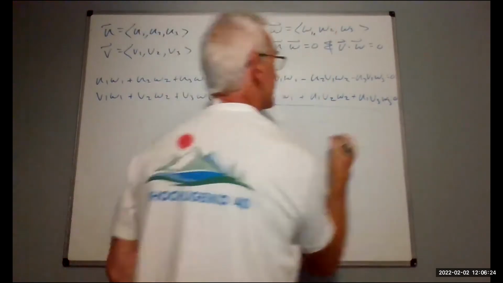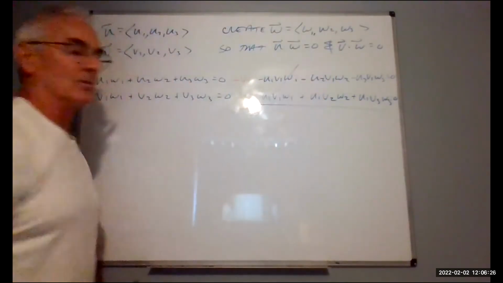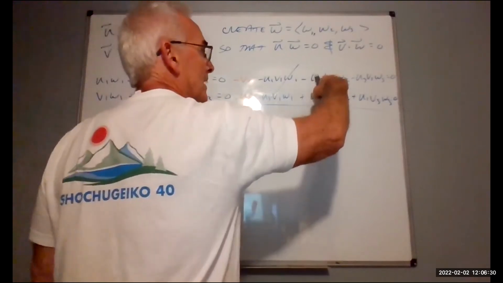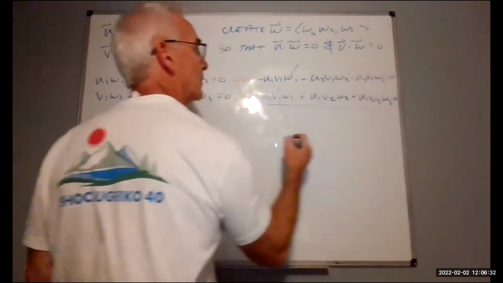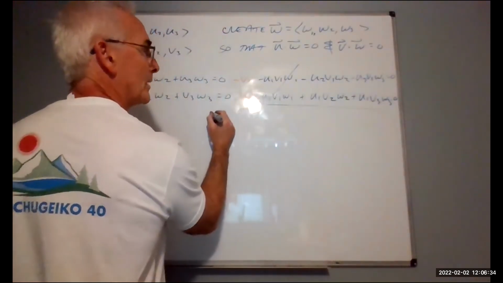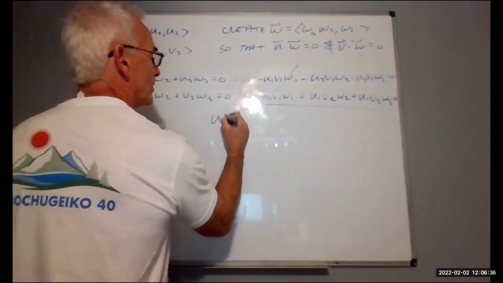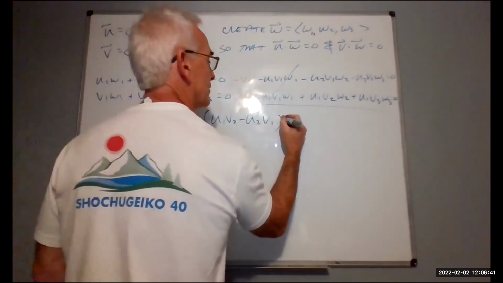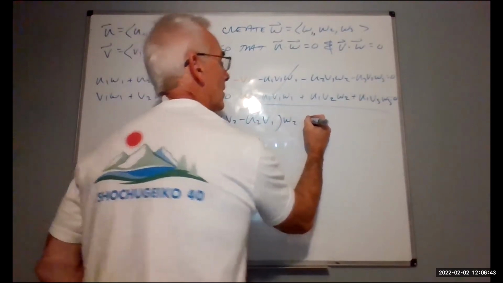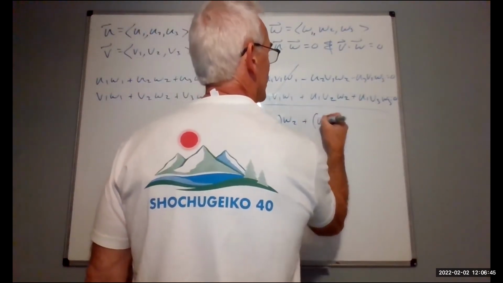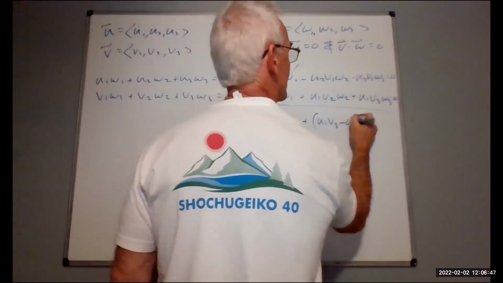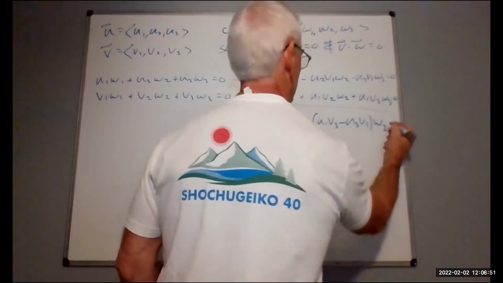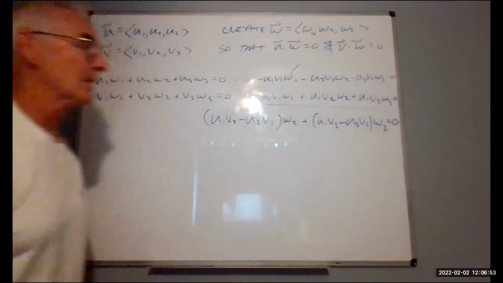So now when I add the equations, those two guys are going to cancel, okay? Now what am I left with? I'm left with this stuff W2, this stuff W3. So right now I'm left with U1 V2 minus U2 V1 all times W2 plus U1 V3 minus U3 V1 all times W3 equals 0.